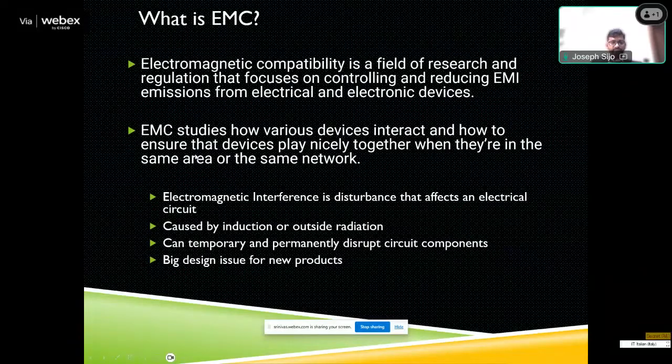As I explained before, electromagnetic interference is a disturbance that affects electrical circuits, caused by different switching devices, different power electronic devices, and also different antennas. This becomes more common in the product development stage.